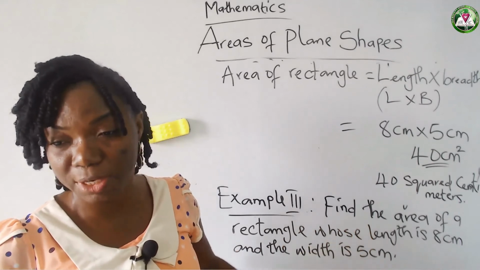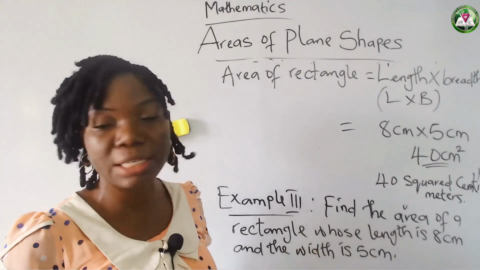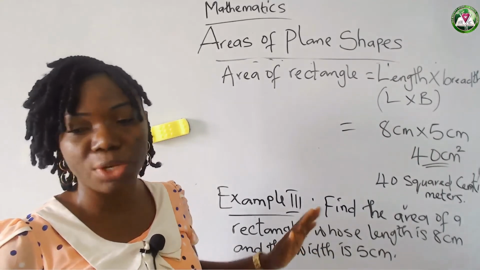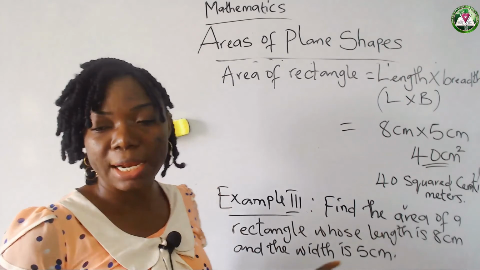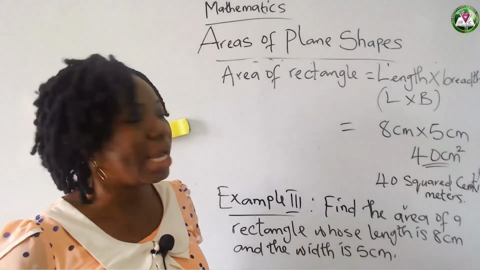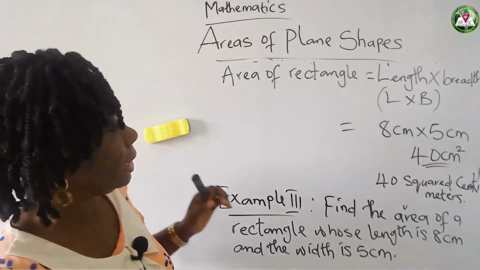Now, in this first question, we were looking for the area. The area was not given, but the length and the width were given. In the next question, the area will be given and one of the sides of the rectangle, either the length or the breadth, and then we are to find the other side.